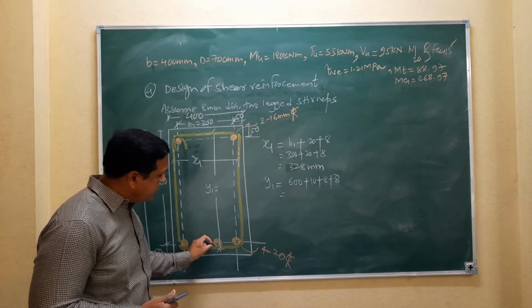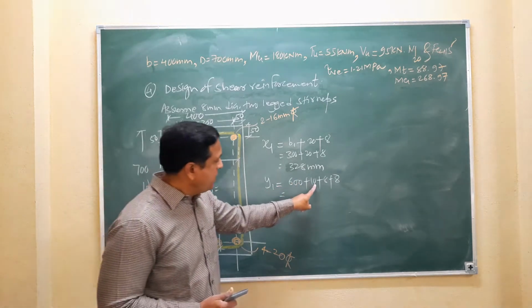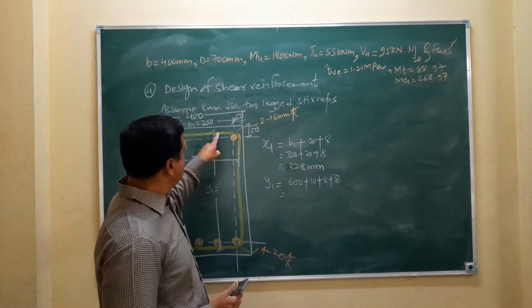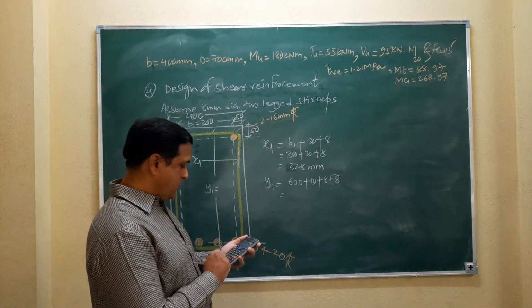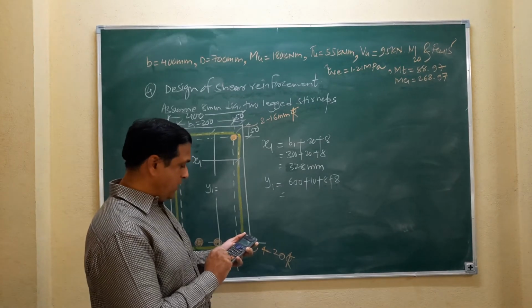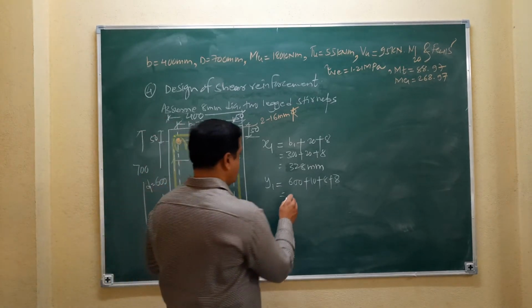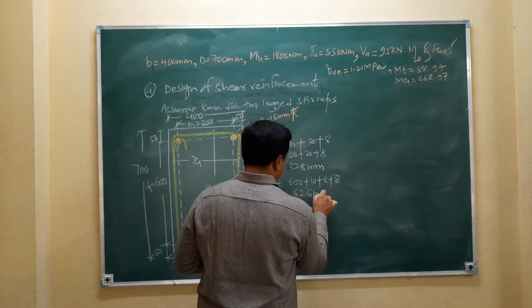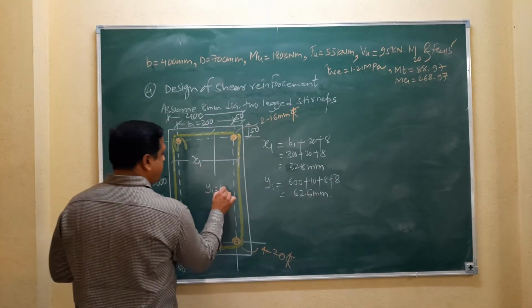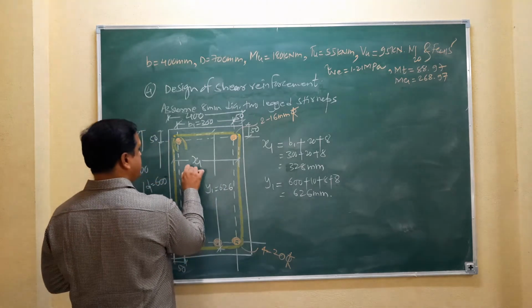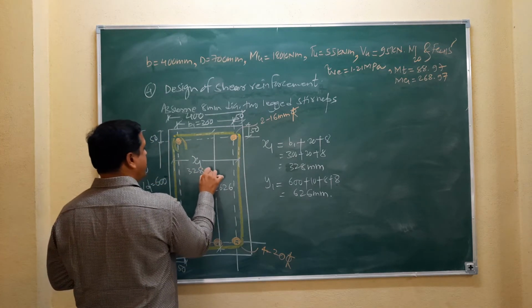Okay, half of this 20 is 10. 10 and 8, and plus 4, 4, 8. Okay, so 600 plus 18 plus 8, this is 626 mm. So this is 626, this is 328 mm.